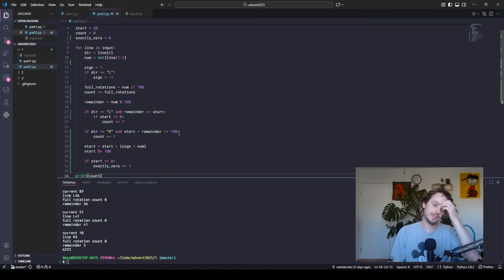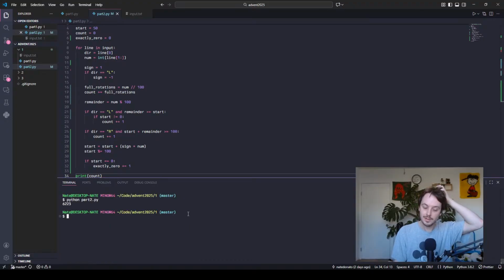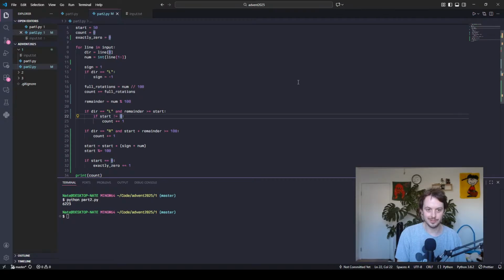Okay, so we fixed it up so that we're no longer simulating every single click. We are now calculating the whole thing at once using this division and this remainder. It got a little messier. One little kind of hacky line is this: if start not equal to 0.